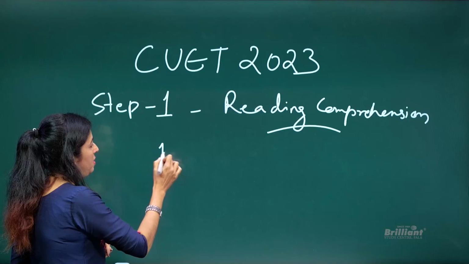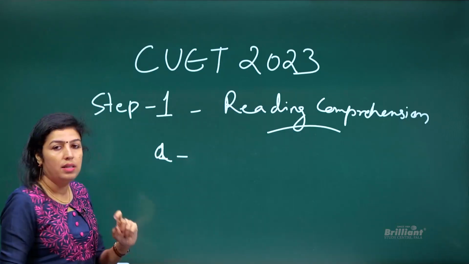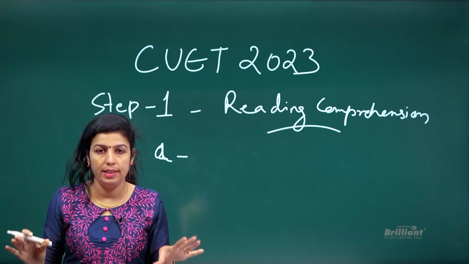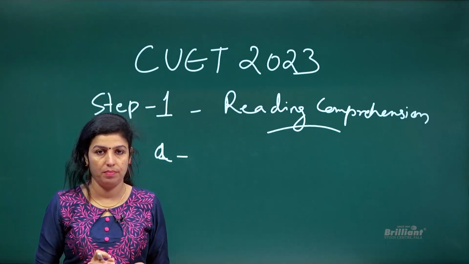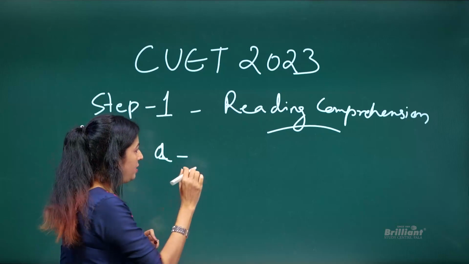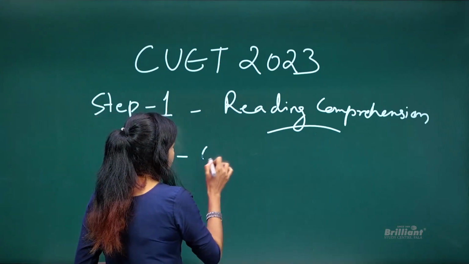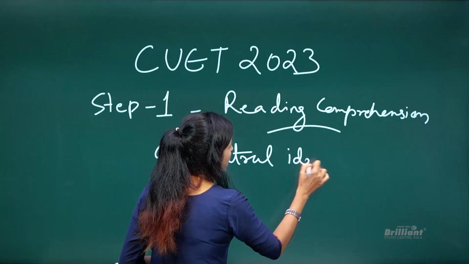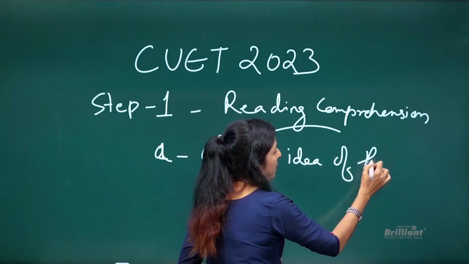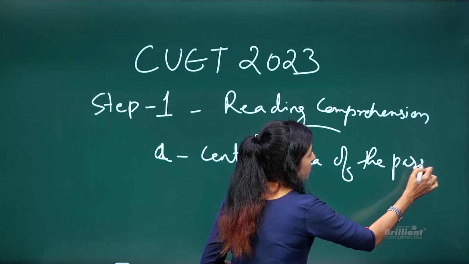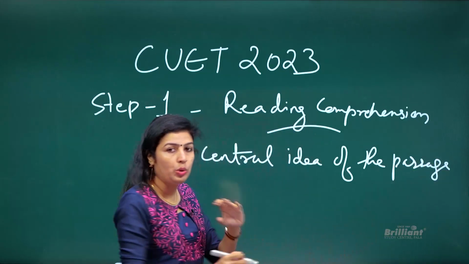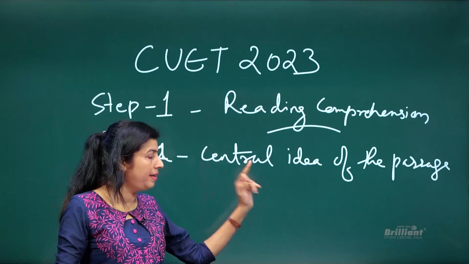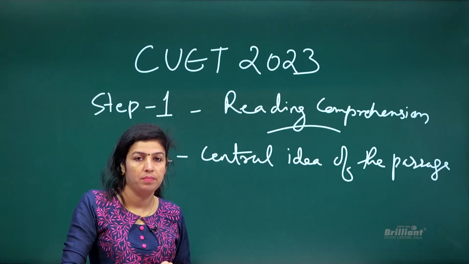The first tip, or tip A, is: you need to understand the overall idea of the passage given. Find out the central idea of the passage. Why? Because you can expect questions on the basis of the central idea of the passage printed.